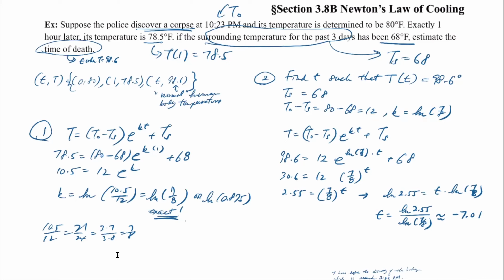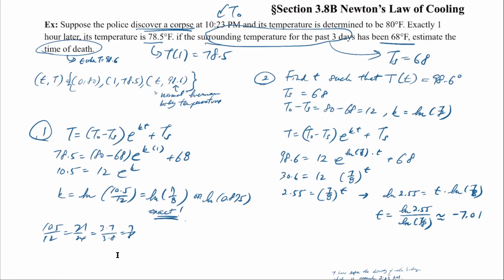So I'm going to plug all that into this equation that we already know. And when you do that, we get this. Subtract 68 from both sides, 30.6 divided by 12, we got 2.55. So we ln both sides, that's what we get. So t is ln of 2.55 divided by ln of 7/8, which gives me negative 7.01.